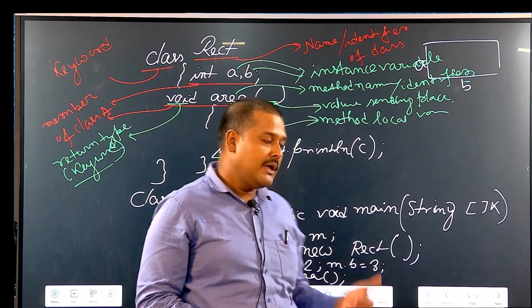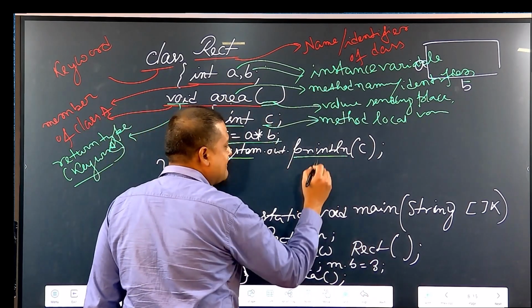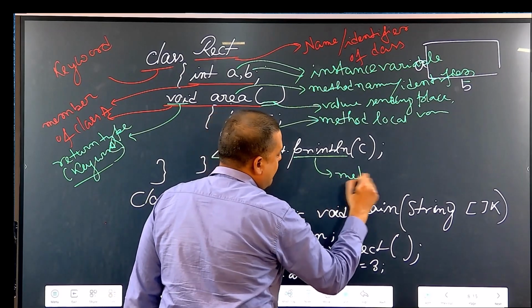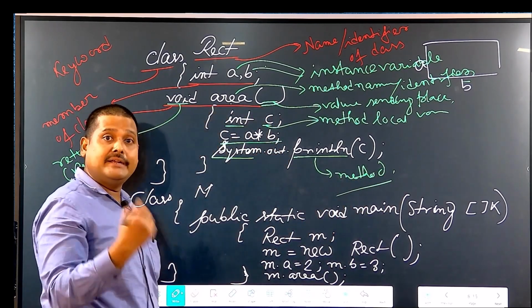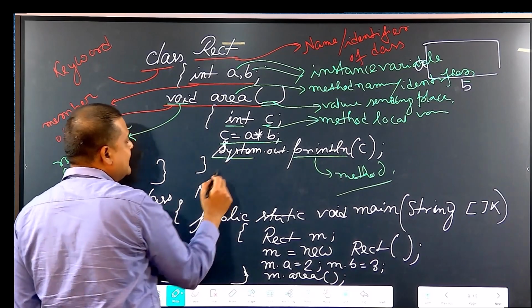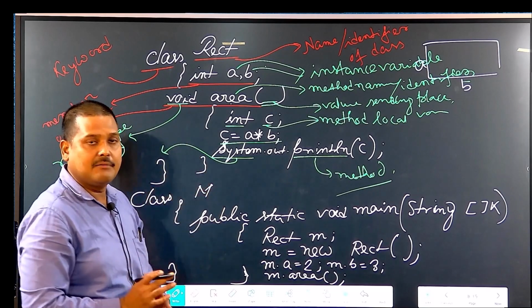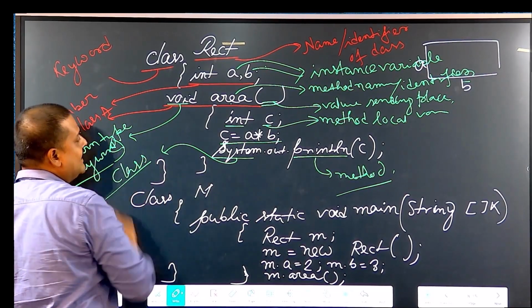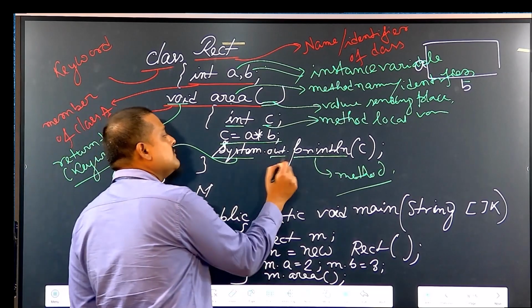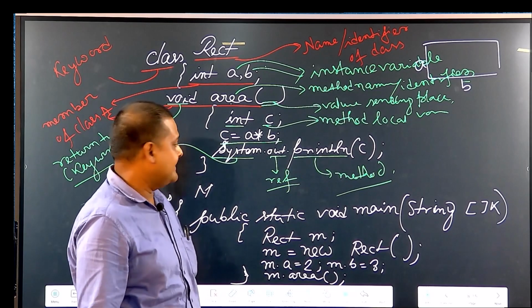In Java, println is the method to print something. Where is this println method written? It is written inside a particular module, that module is called a class. So, System is a class and out is also the reference by which we are going to access it.